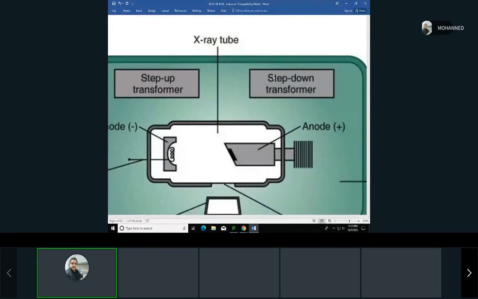So 5 volts is just enough for the filaments to heat up and to produce electrons. Then, because we want to shoot these electrons all the way to the anode, we'll use a step-up transformer that will raise the voltage all the way to 70 kilovolts, and shoot them up. That's what the step-down transformer and the step-up transformer are used for.